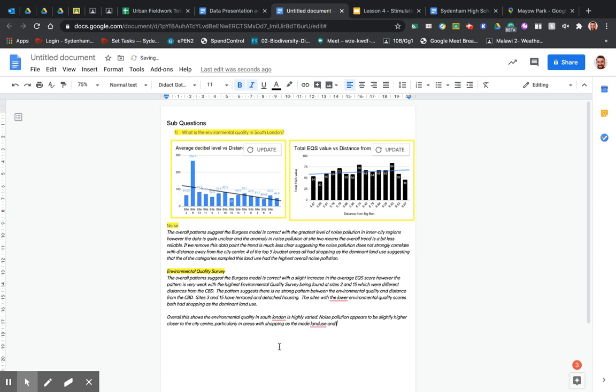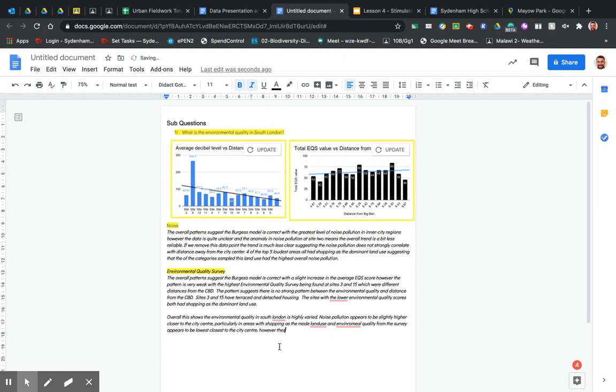And environmental quality from the survey appears to be lowest closest to the city centre. Sorry, typos galore here.